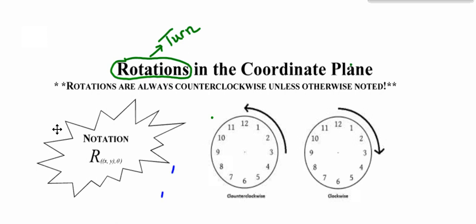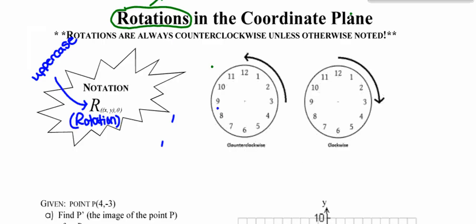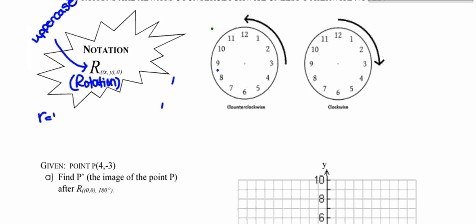The notation or the abbreviation we're going to use for a rotation is the capital or uppercase R. Now it's important to note that this is a capital or an uppercase R to represent a rotation, whereas the lowercase r, remember, represents a reflection, and the capital T, of course, stands for translation.